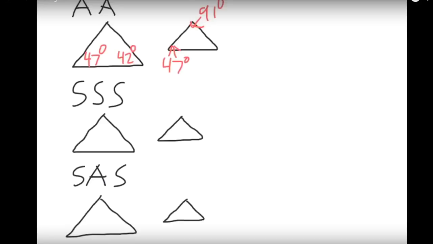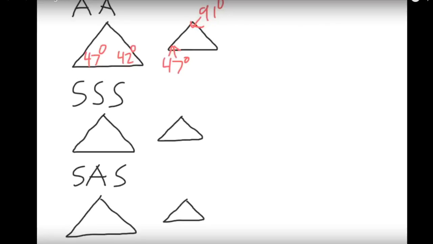Alright, now how to use these to find out if triangles are similar. So in this first one, with angle, angle, to see if they are angle, angle, we have 47 and 42 here. In this triangle, with arrows pointing to what the measurements are in each angle, because I didn't have enough room to write them, this angle is 47 and this one is 91.